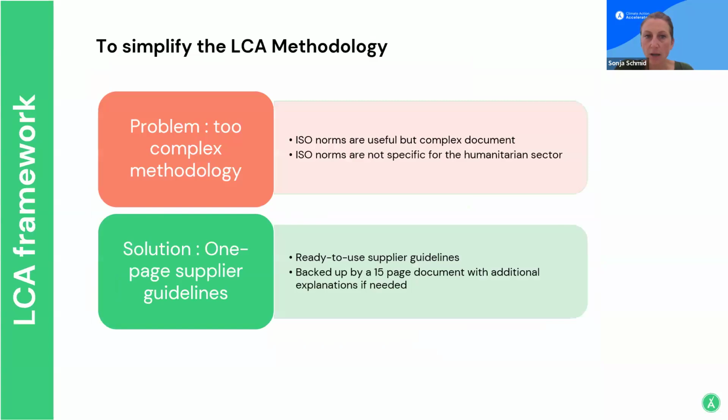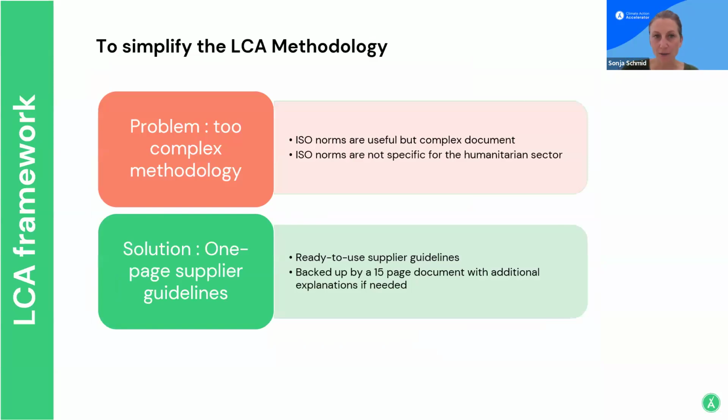Then I would like to highlight a few key elements of this harmonized framework. We had these discussions with the technical team, because many of the elements, not all, but many, are actually included in ISO norms.